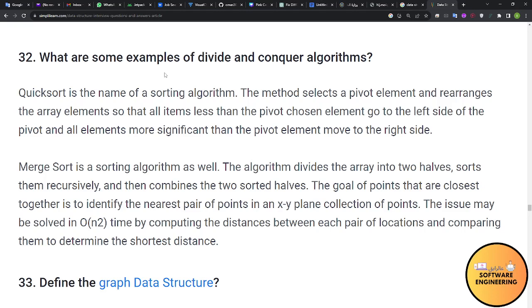The method selects a pivot element and rearranges the array elements so that all items less than the pivot element go to the left side of the pivot and all elements greater than the pivot element move to the right side. يعني ايه الكلام ده؟ يعني هو الجوريزم بيستخدم ان هو بيختار عنصر معين، حلو، هو بيبقى المحور بتاعه، وبيجيب كل العناصر اللي اقل منه ناحية الشمال وكل العناصر اللي اكبر منه ناحية اليمين.